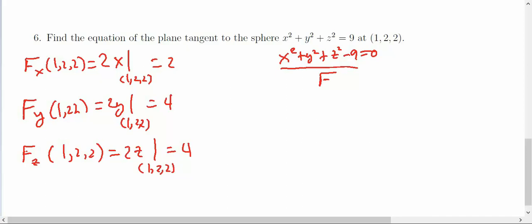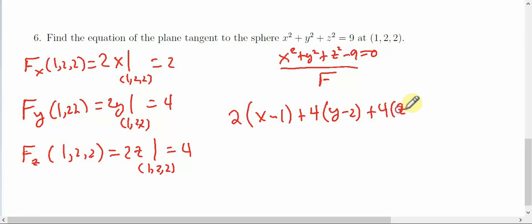And remember, the equation then is your x partial value times x minus the x coordinate of the point. Then it's your y partial times y minus the y coordinate, and then the z partial. Whoops, put z instead of the actual partial. That's also 4.